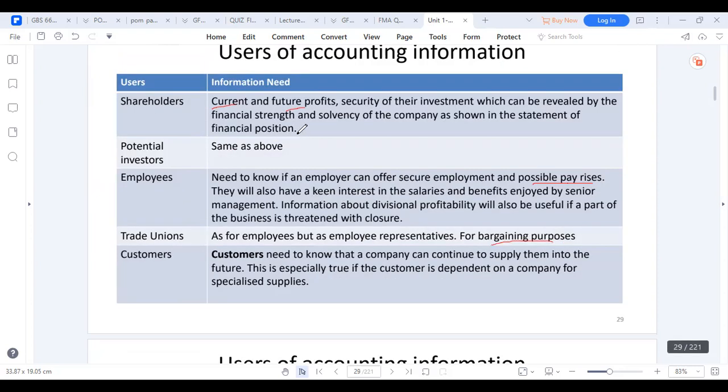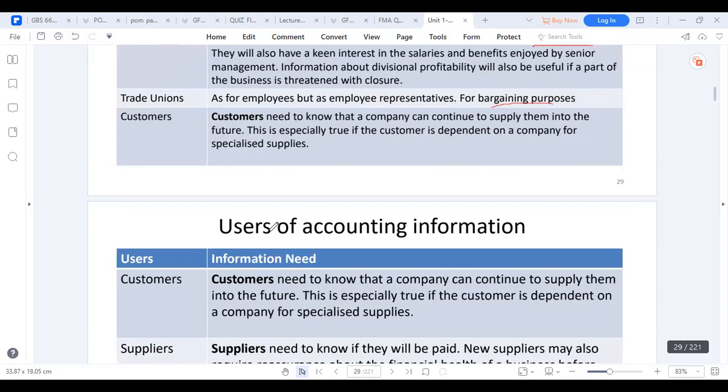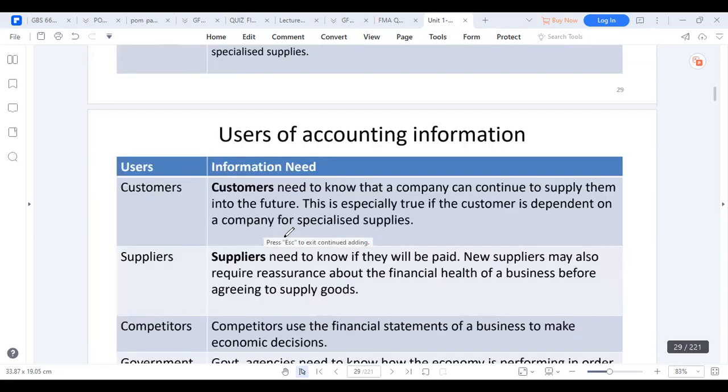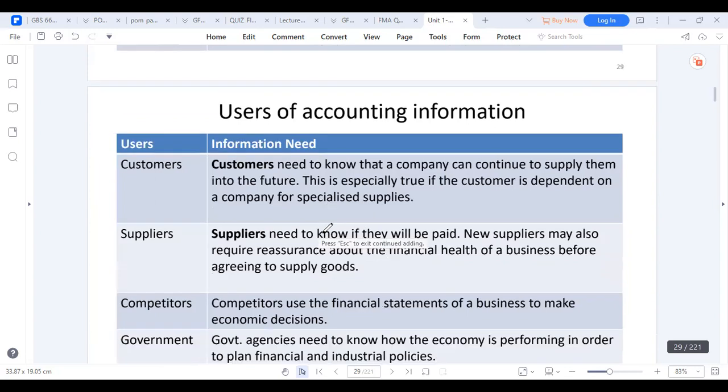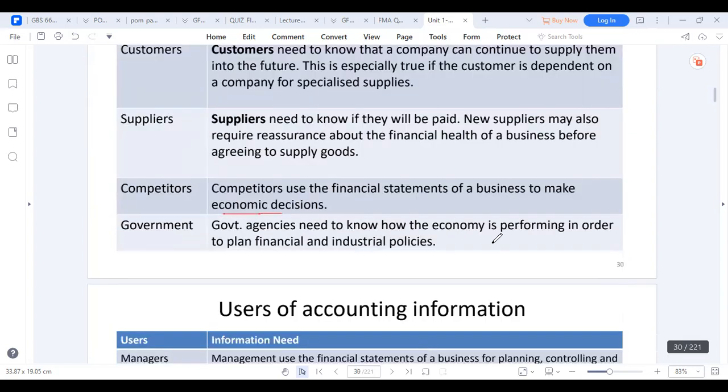They need to also be acquainted with the accounting process. Customers, they want to know if the company will continue to supply them in future. Suppliers also want to know if they'll be paid. Competitors also use information to make economic decisions on how they can strategize.